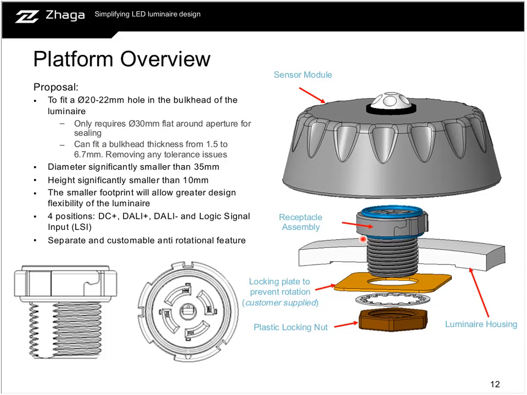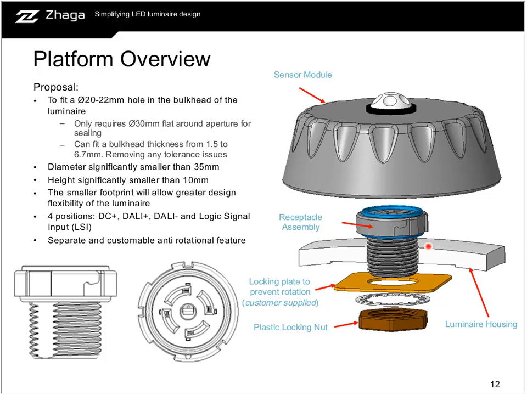The design at the moment is looking like it will be significantly smaller than the 35 millimeters, and the height above the luminaire will also be smaller than 10 millimeters. So as Martin has said already, this will be significantly smaller than the ANSI NEMA receptacle. And we think with that smaller footprint that it will allow you, the designers, greater flexibility with the luminaires, greater profile surfaces, or just a lower profile luminaire.